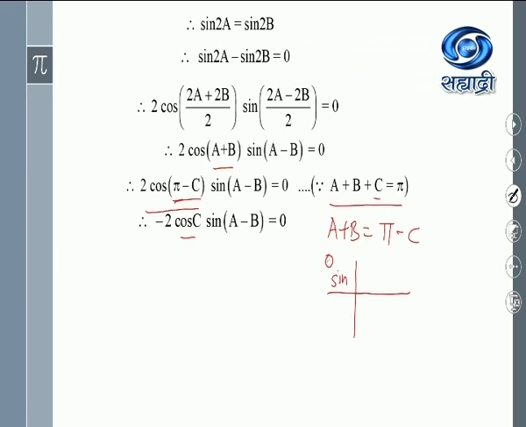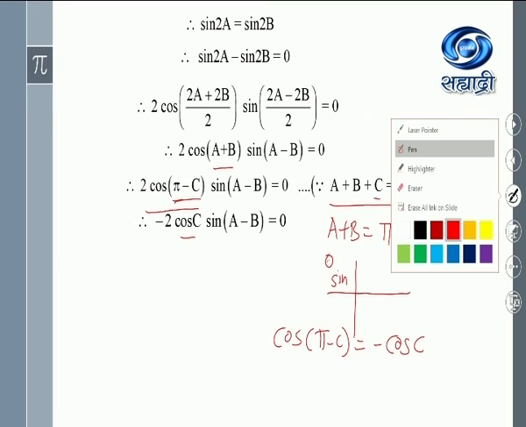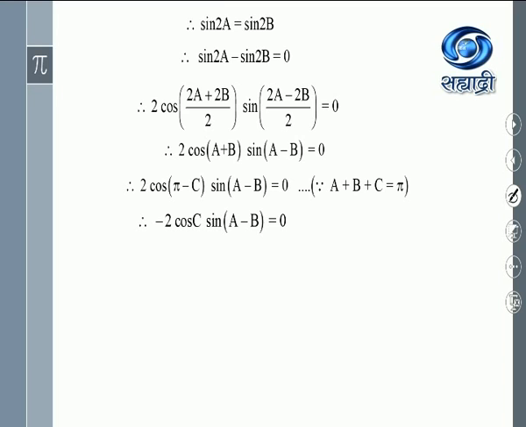All the remaining trigonometric ratios are negative. So, cos of pi minus C we will get as minus of cos C using the rules of allied angles. Clear? So, here we use the rules of allied angles and we replace cos of pi minus C by minus of cos C.